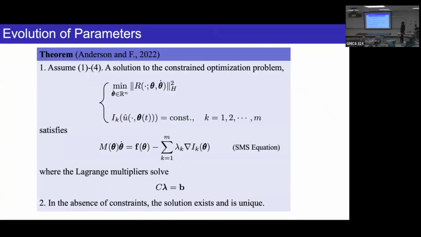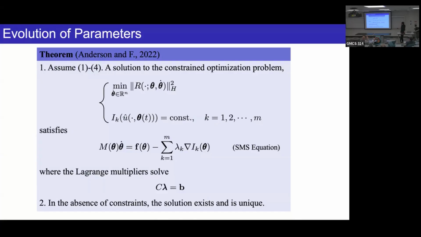Now, here's the theorem that tells you that the optimization problem is well behaved, basically, and tells you what the solution is. Under the specified assumptions, this constrained optimization problem, if it has a solution, its solution would have to satisfy this equation, where M is the metric tensor, F is the right-hand side vector field I defined last time. This is the rate of change of the parameters.